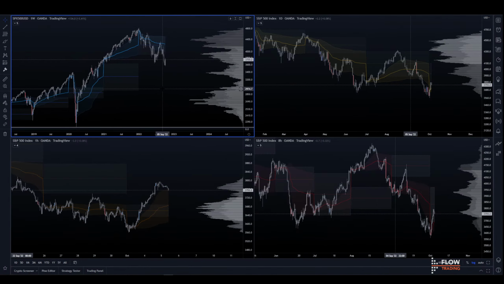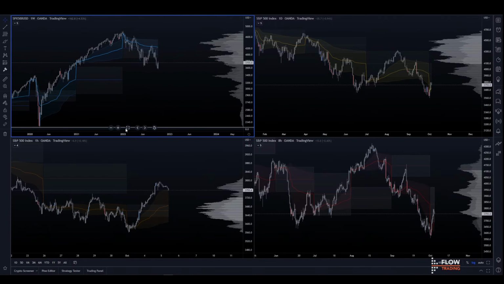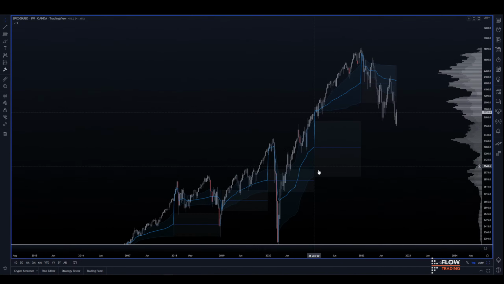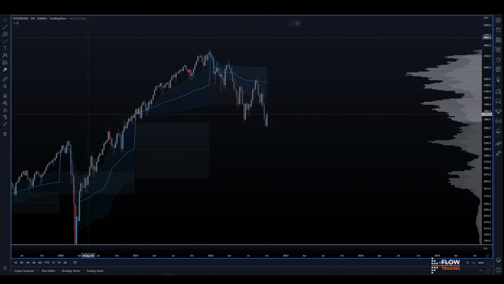Here we start with the S&P, and you can see that we bounced around 3,600 points. We start here with the weekly. This is the figure that I've been telling you about for ages, which is this low volume node here.